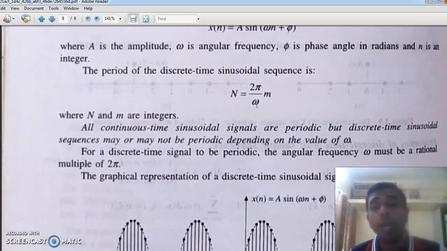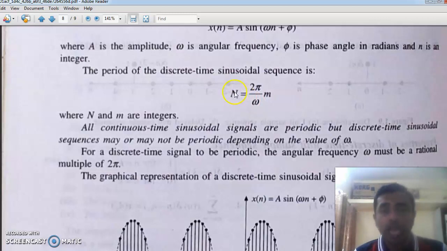They may or may not be periodic. The analog sinusoidal function was completely periodic, but for a discrete time sinusoidal sequence you cannot say it with confidence. So how can you say that this discrete time sinusoidal sequence is periodic and the other one is not?